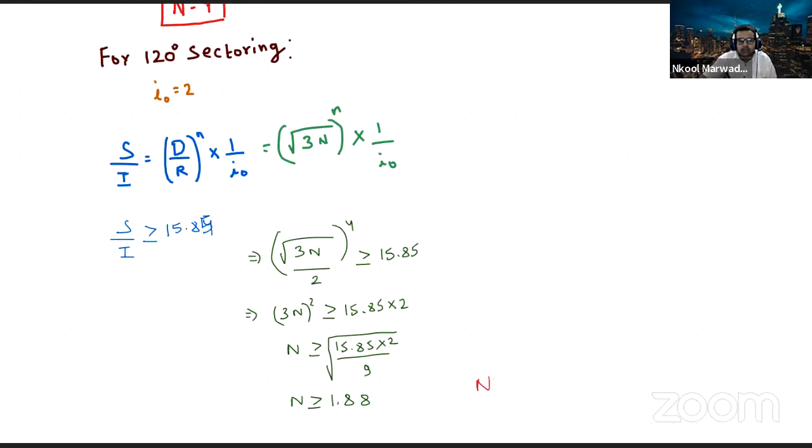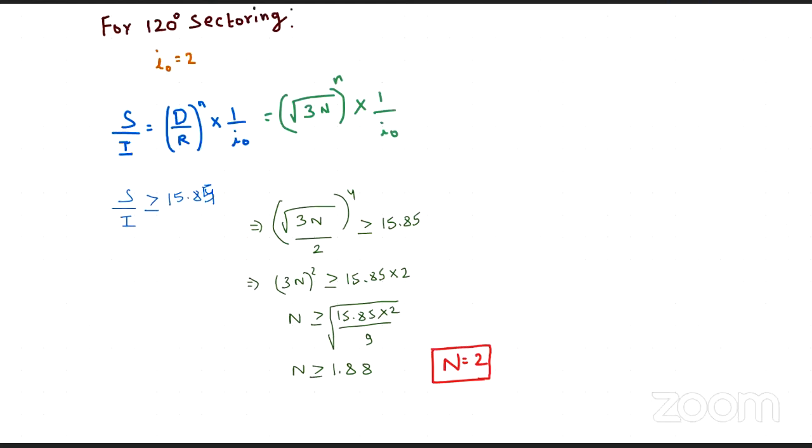So the answer is n equal to 2. And see, we proved that when we do the sectoring, the cluster size decreases. The cluster size from 4 went to 2 in 120-degree sectoring.